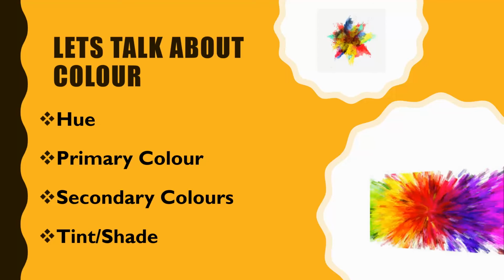And all the colours can be created from mixing these 3 primaries together. And we get our secondary colours: green, orange and purple. A tint is a colour that's mixed with white, and a shade is a colour that's mixed with dark, like black. You get a darker colour.